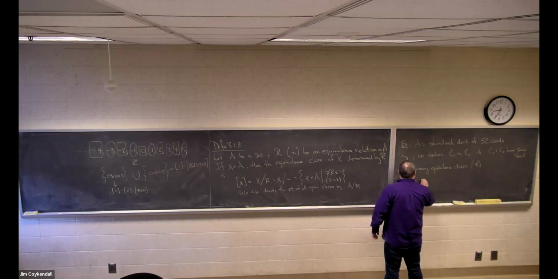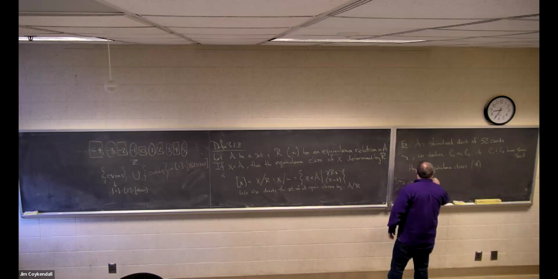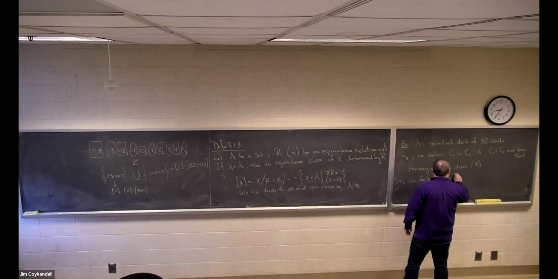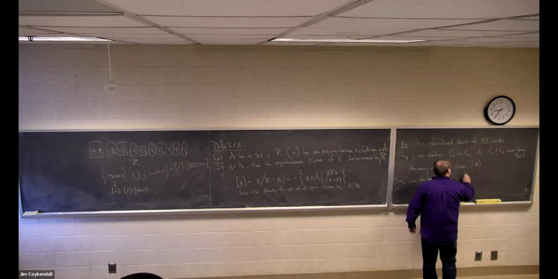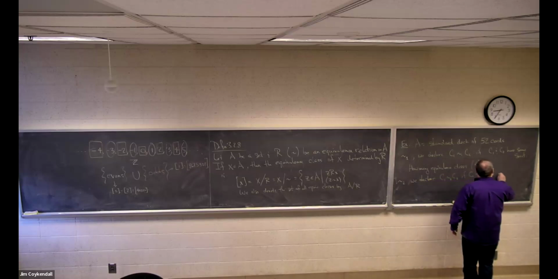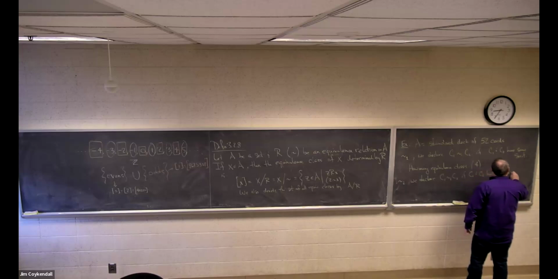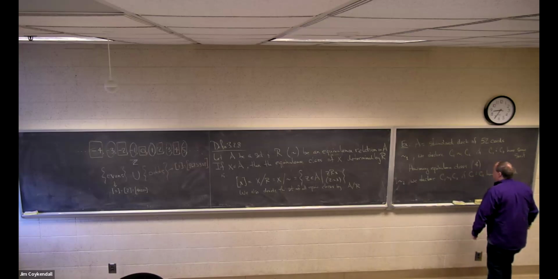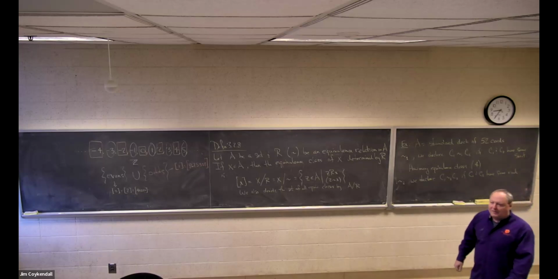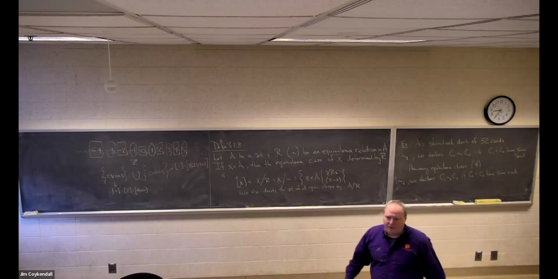We declare two cards, C1 and C2, equivalent if C1 and C2 have the same rank. So by same rank, I mean the number on the card, right?